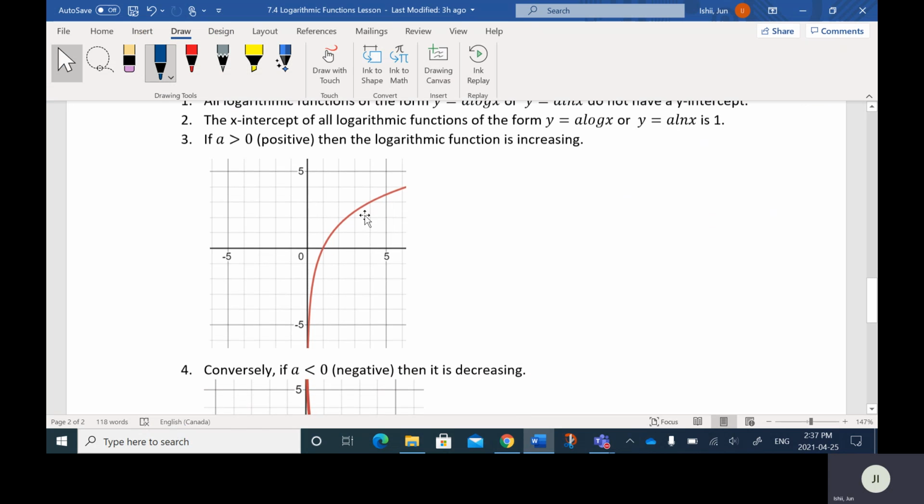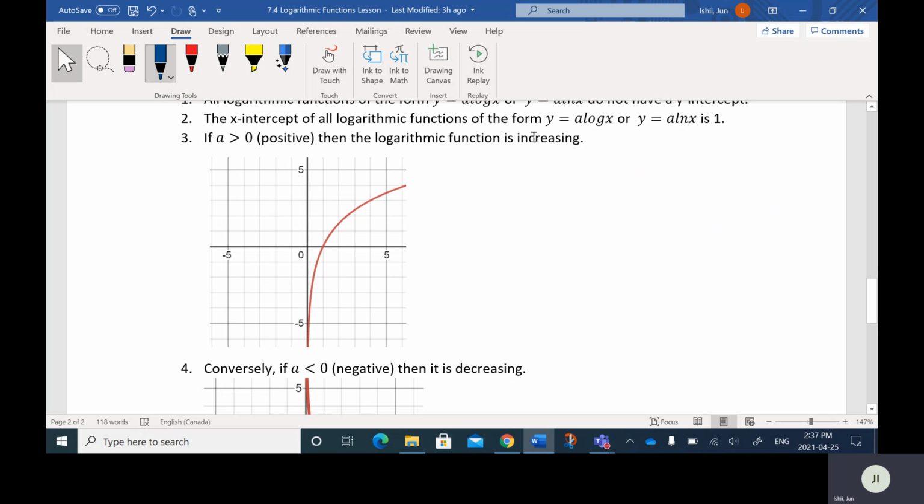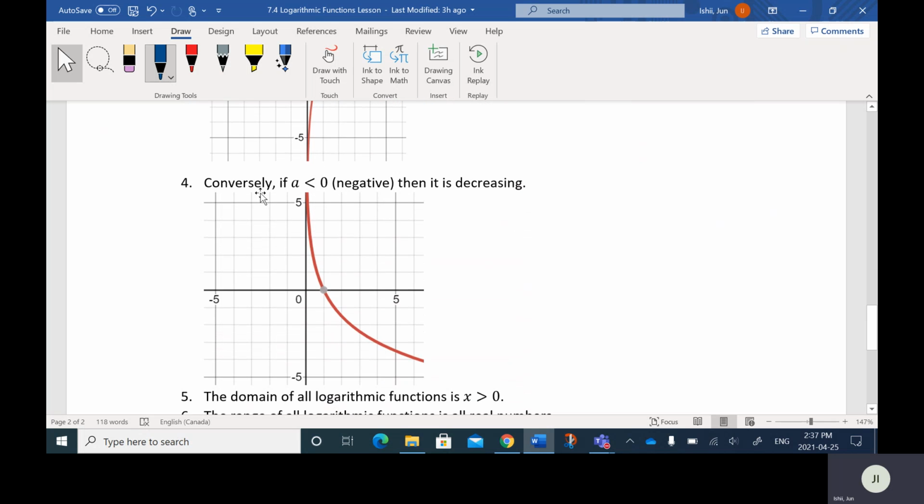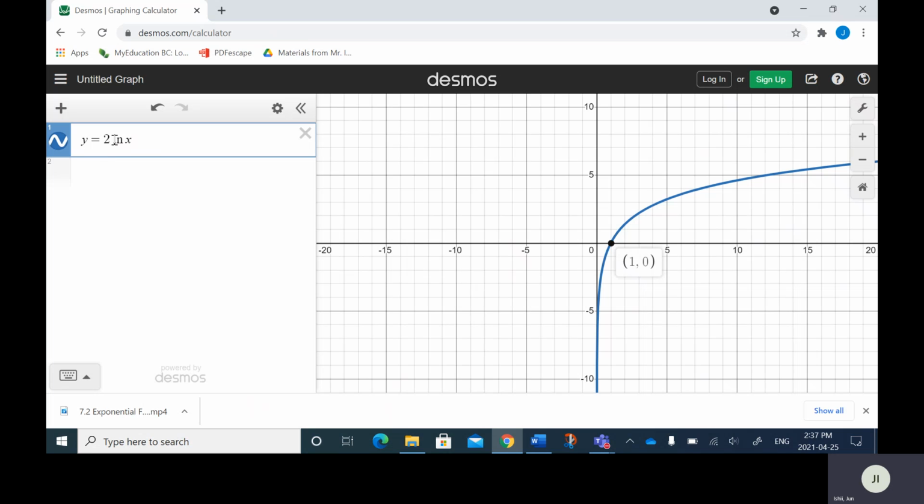The next point is that if a is positive, the logarithmic function is increasing, and so it goes in this direction. If a is negative, conversely, then it's going to be decreasing. Let's take a look at that. Positive 2, it's increasing. Negative 2, it's decreasing.